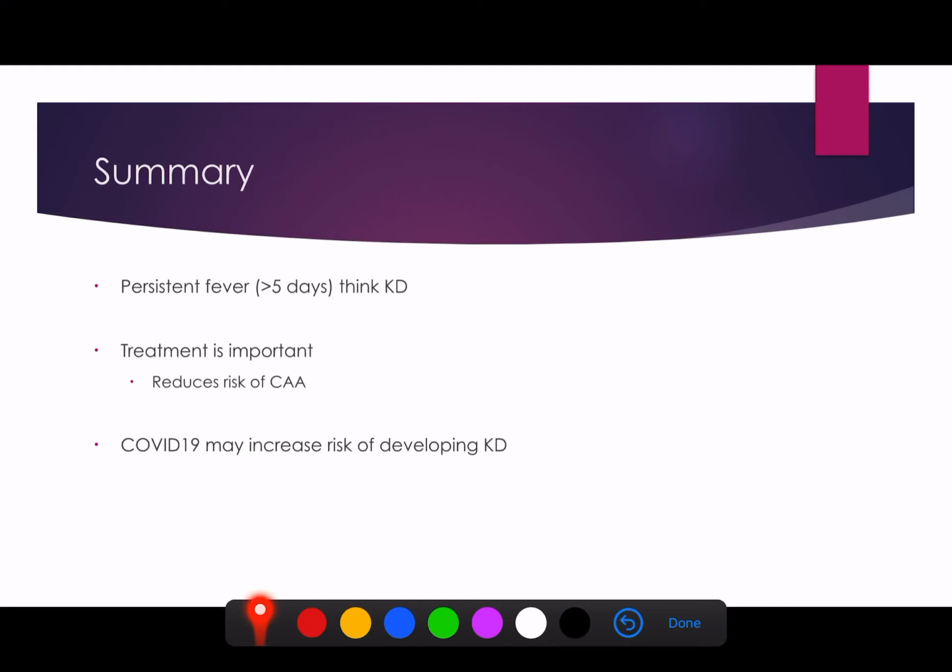We'll do a separate video looking at the evidence for that, because it is slightly tenuous, and one may argue that this alert has been done a little bit too early, because we don't really have the evidence to suggest a link between the two. But it's certainly important for us to be vigilant of Kawasaki disease, especially because the treatment itself, if given in a timely manner, is so important in trying to prevent the cardiac complications of Kawasaki disease.